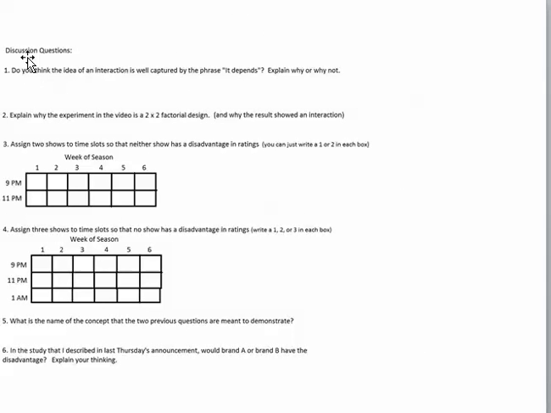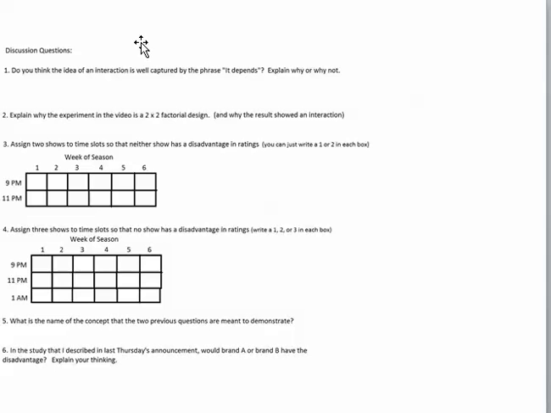And these are the discussion questions. The first one says, do you think that the idea of an interaction is well captured by the phrase, it depends? We talked about how an interaction is when the effect of A on B depends on C. So the effect of alcohol on intoxication depends on food intake.